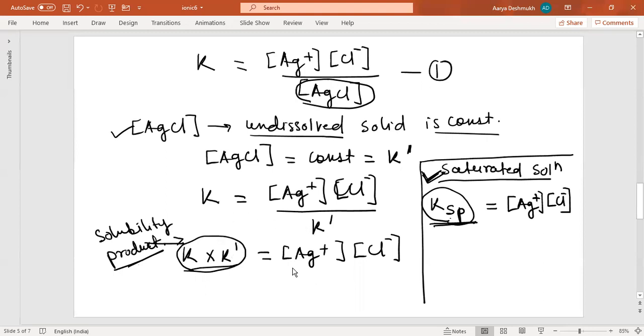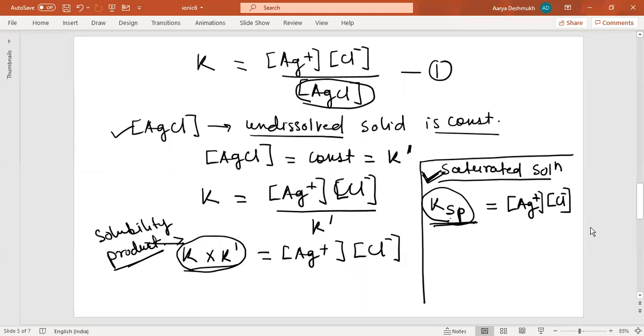This K into K dash is another constant called the solubility product, which is the product of ions in a saturated solution, denoted by KSP. So this KSP is nothing but the product of the silver ions and chloride ions.